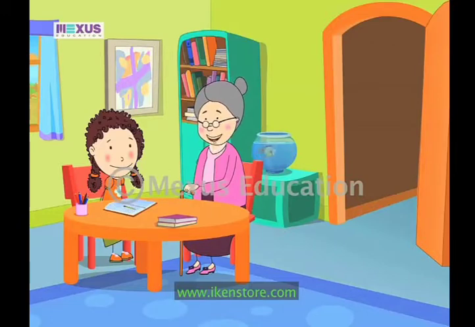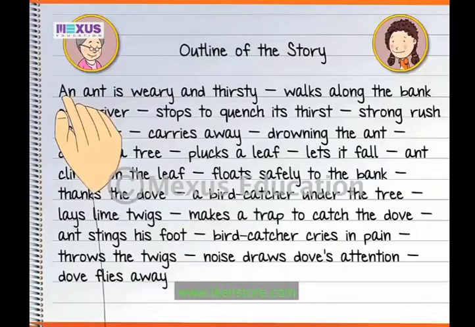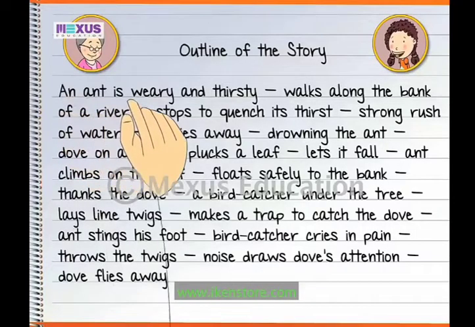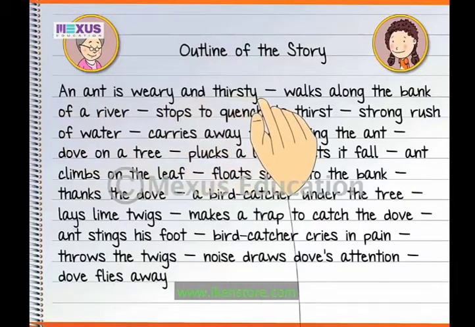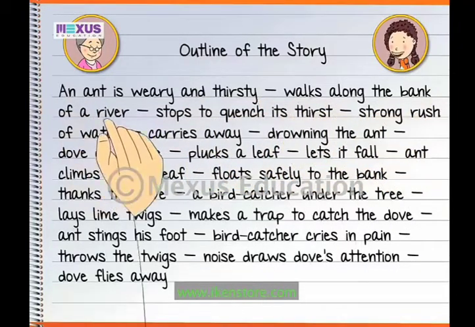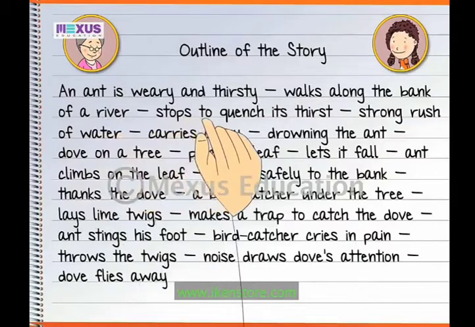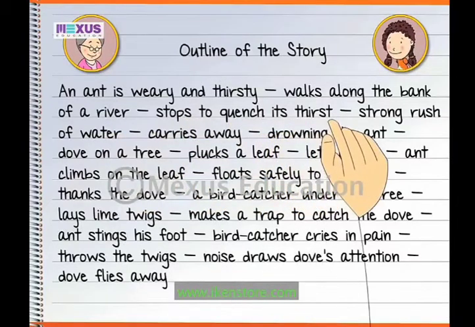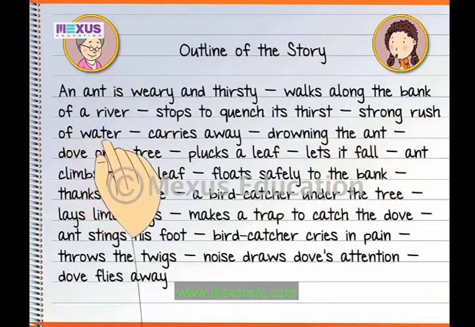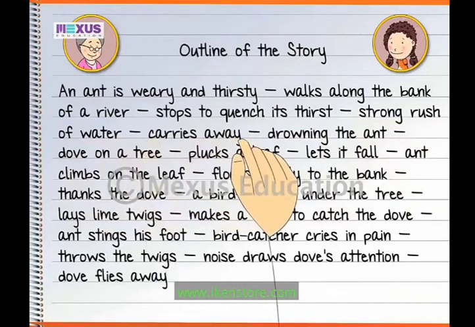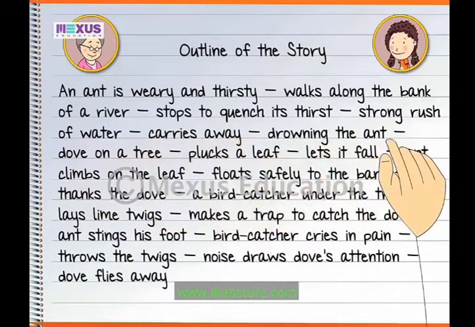Let us carefully read the outline of the story. An ant is weary and thirsty, walks along the bank of a river, stops to quench its thirst. Strong rush of water carries away, drowning the ant.